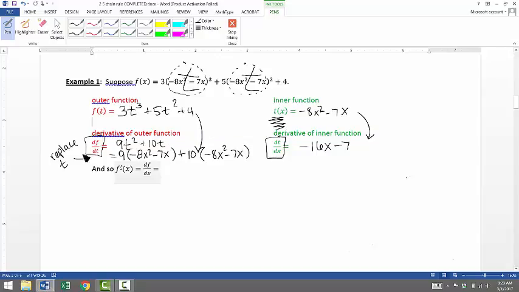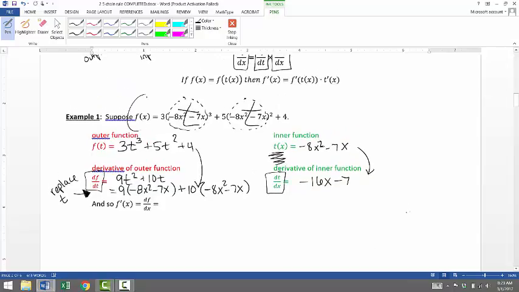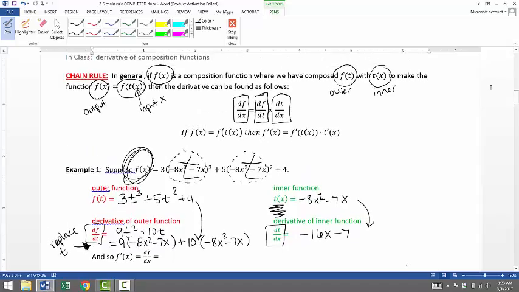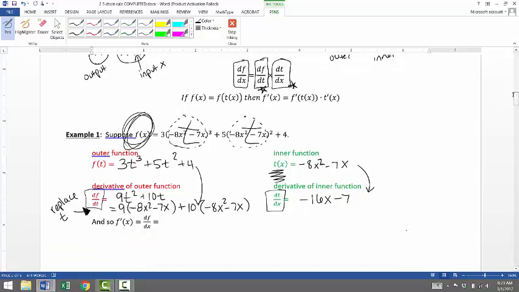All right, now the chain rule tells us the derivative of that original function, f of x, the derivative df dx, is found by taking the derivative of the outer function, df dt, times the derivative of the inner function, dt dx. And those are the two pieces we just found.